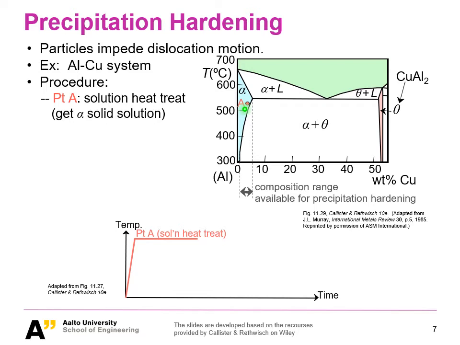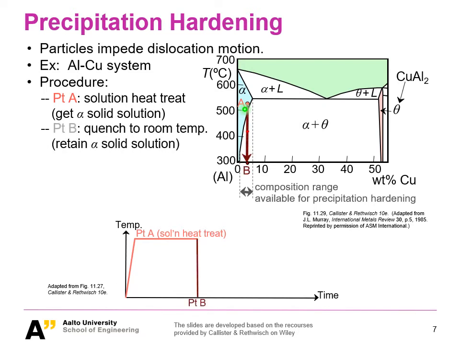And here then you give a process of quenching, as we show here. Different from steel, we will not have the transformation to martensite. Martensite is a special one for steel only. For this aluminum copper system, you will not have martensite, but you will have an oversaturated alpha.